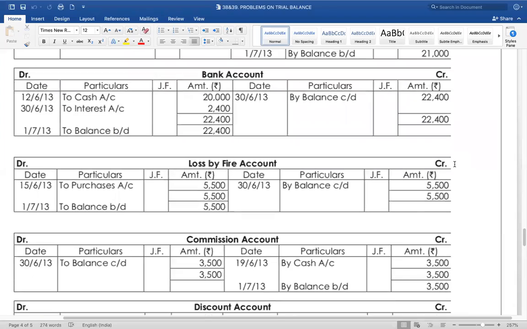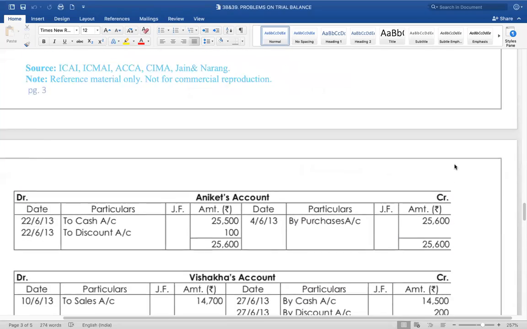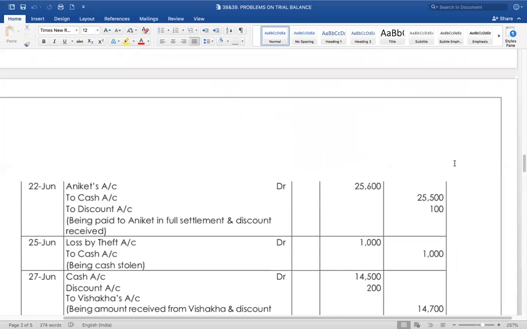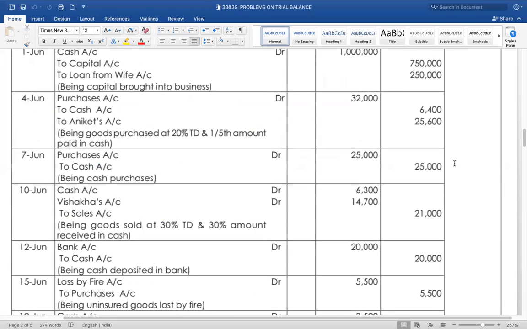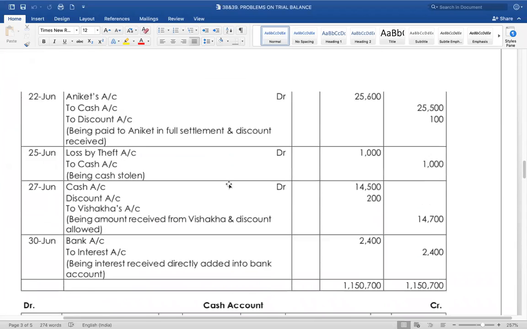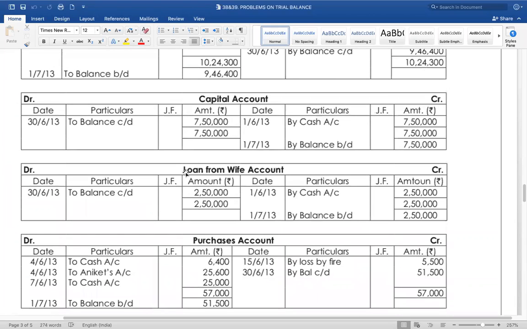Let's come to the next one. Cash is over, next is loan from wife account. Loan from wife account is similar to capital account. Cash comes in by cash.